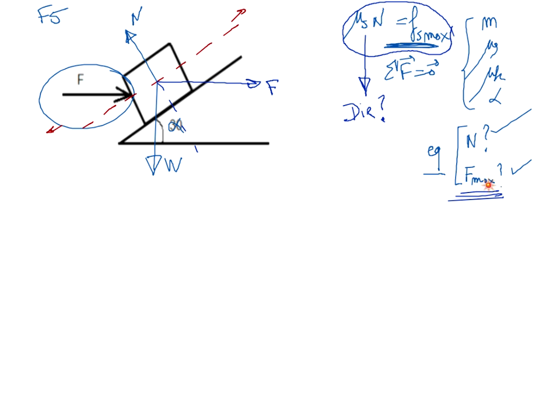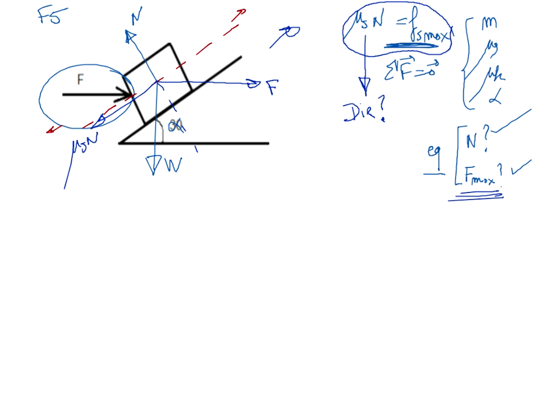If F takes its maximum value, well, obviously this will be bigger than that. So whenever you see the keyword max associated with a force, the tendency of motion is aligned with this quantity. Imagine it's huge. Therefore, this component must be huge, and it will always win with respect to the other. Therefore, the tendency of motion is up. Therefore, right away, Fs max is down.